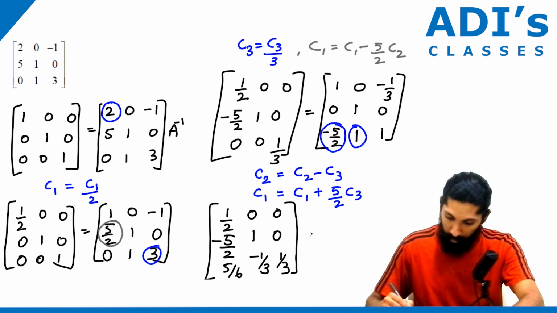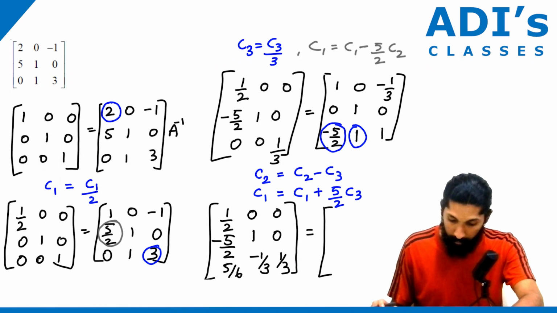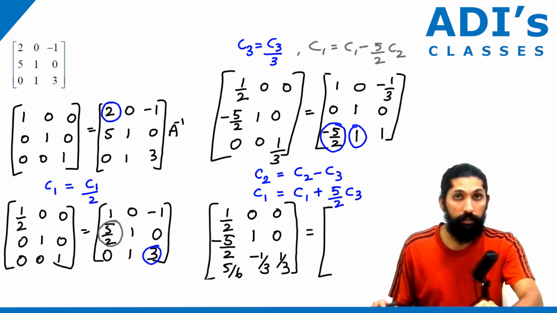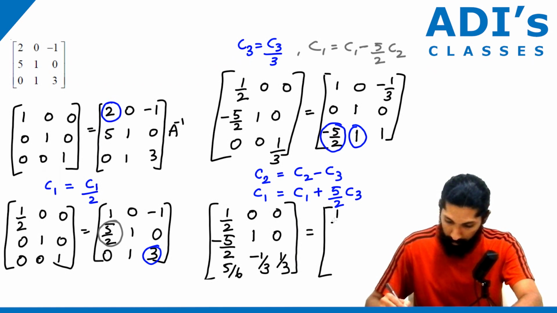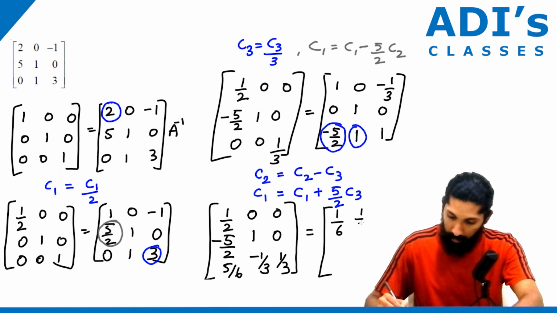So this is equal to, on the RHS, this is going to become 1 minus 5 by 6. 1 minus 5 by 6, correct? Which is going to become 1 by 6. Then 1 by 3 minus 1 by 3.